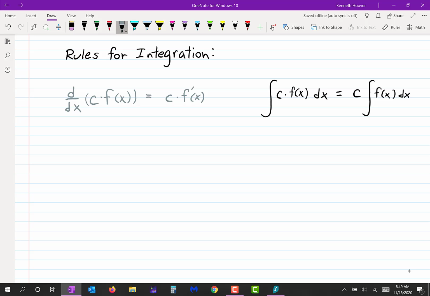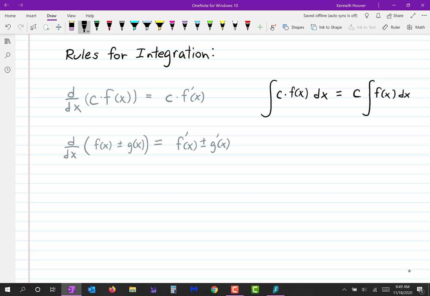One other rule about derivatives was the derivative of f of x plus or minus g of x equals the derivative of f plus or minus the derivative of g.